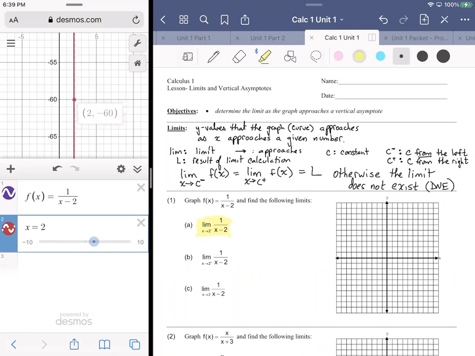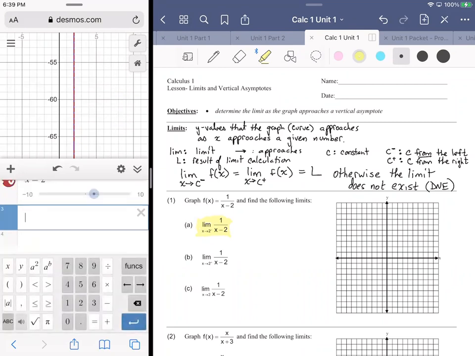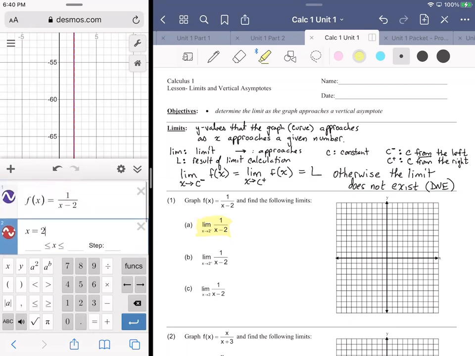Well, that can't possibly be the case because if I evaluate this function for an x value of 2, I get undefined. So there's no way it could actually be an x value of 2 given the -60 because it's undefined.